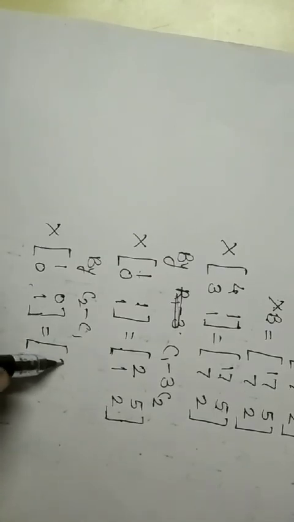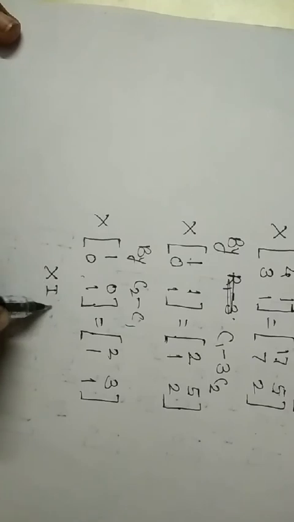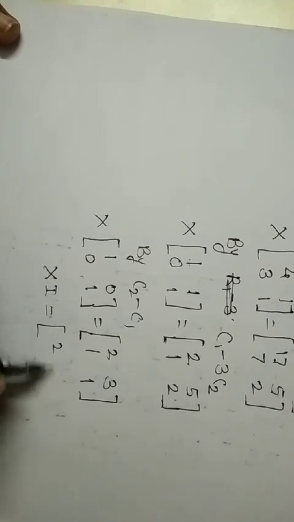In the RHS, again there is a change in the second column. First column as it is, 2 1. Second column is now 5 minus 2 is 3, 2 minus 1 is 1. So we get X into the identity matrix is equal to [2 3; 1 1], row wise.